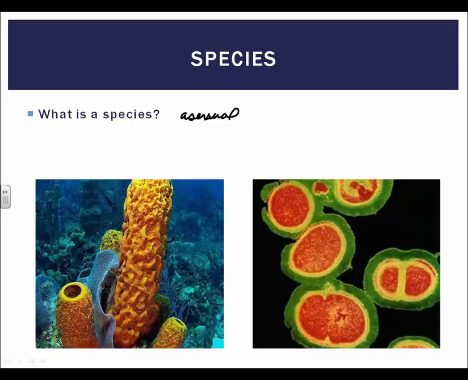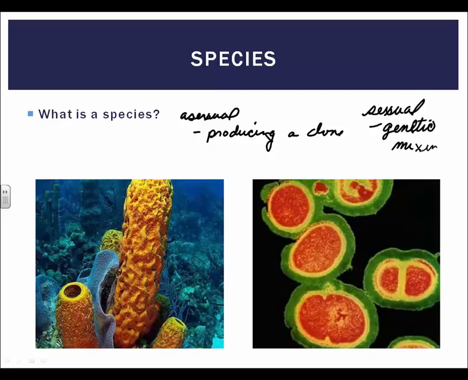I see a sponge on the left, I see bacteria on the right, but asexual reproduction is producing a clone, whereas sexual reproduction is genetic mixing. Asexual reproduction produces a clone, and an example of asexual reproduction would be budding or binary fission.